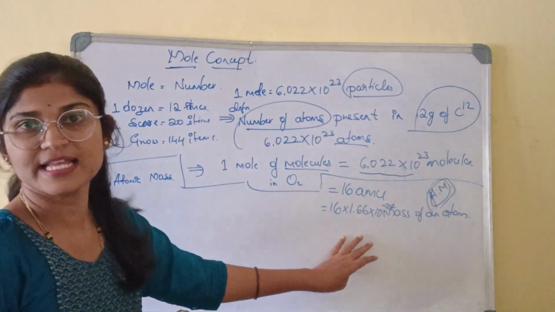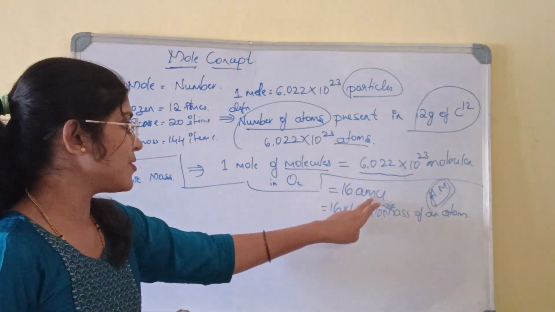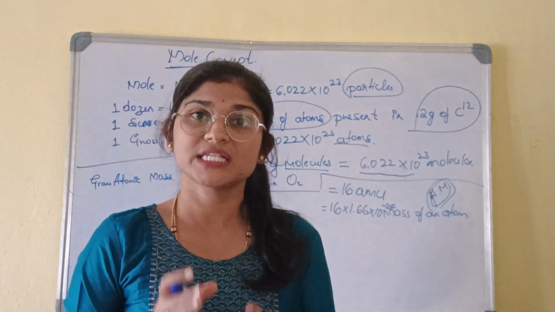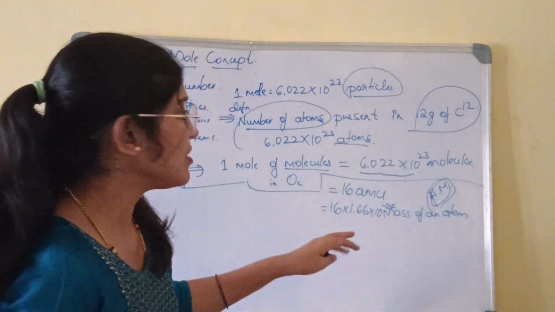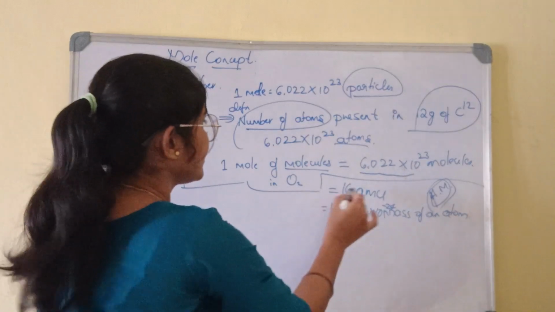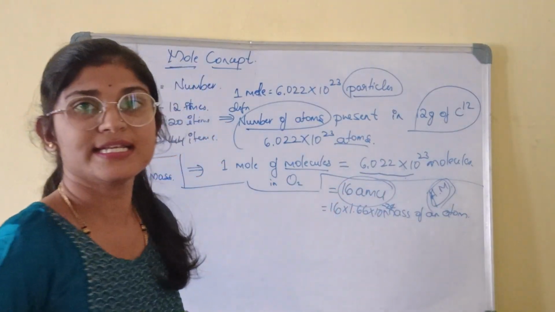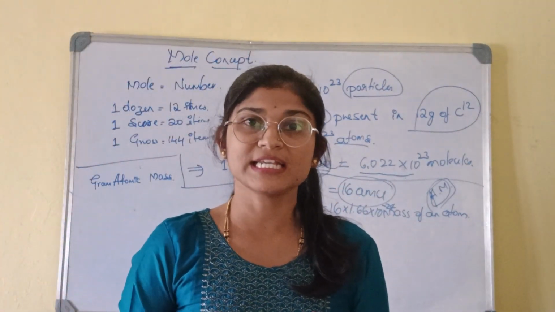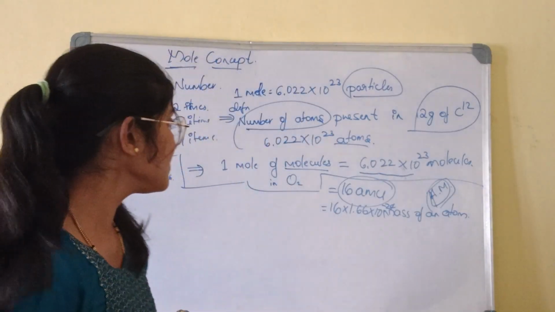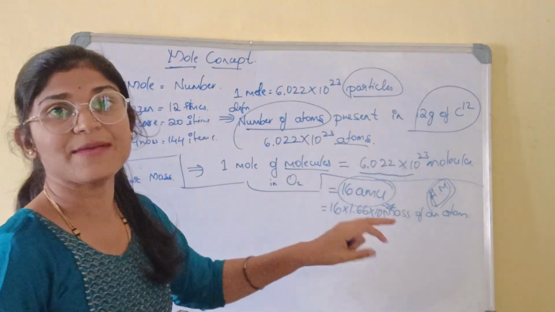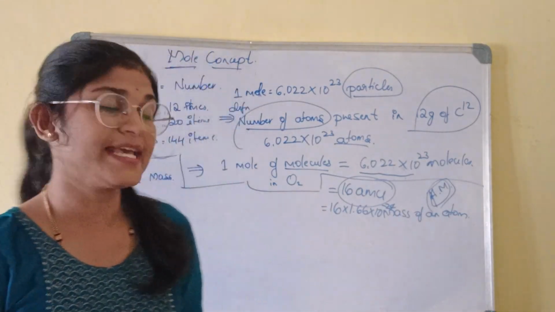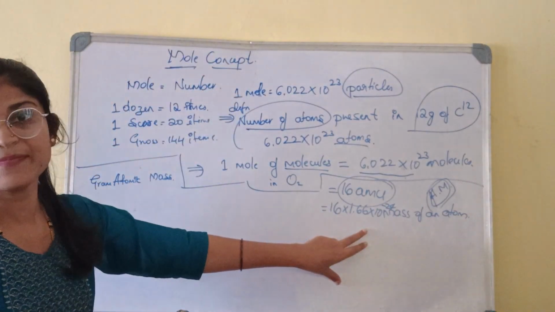We discussed in the last session what this 16 AMU represents: the oxygen atom is 16 times heavier than 1/12th of the carbon 12 isotope. So this is about atomic mass.